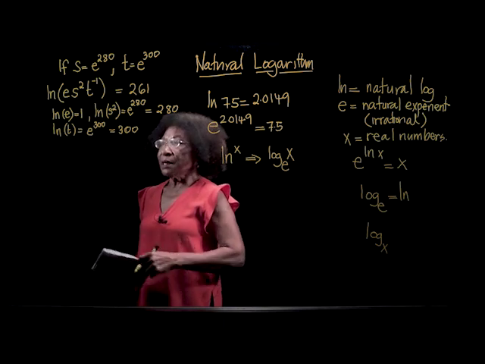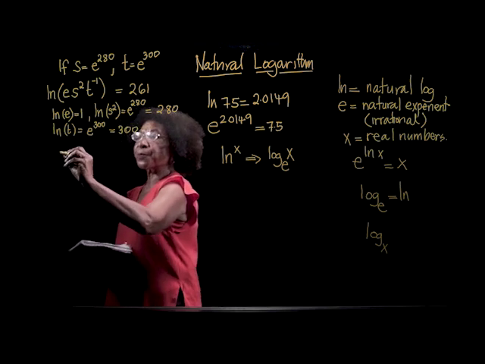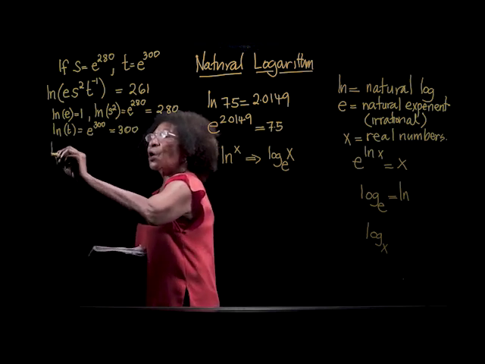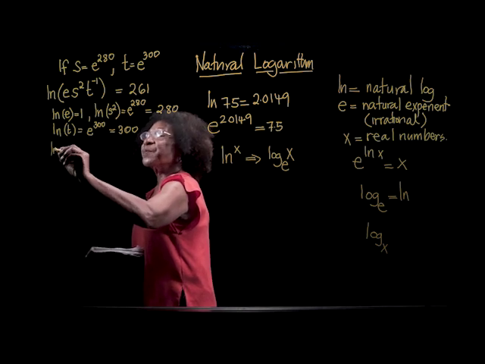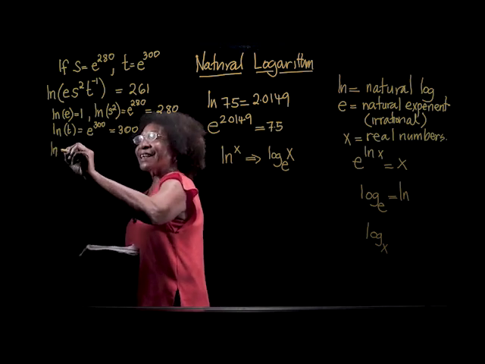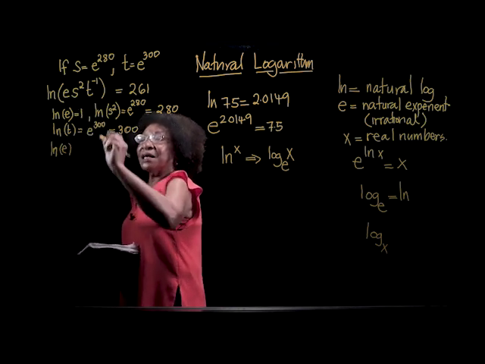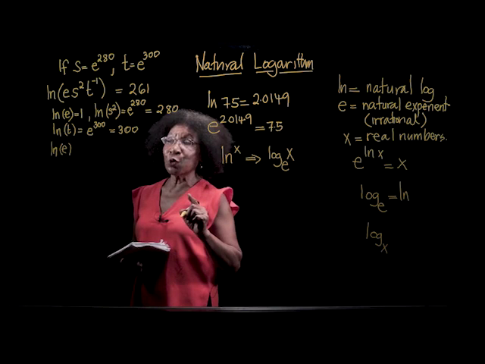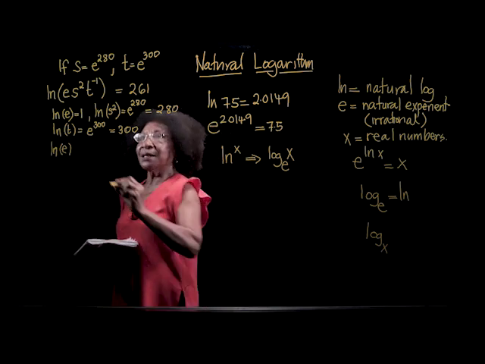If that is correct, then let me substitute. That would give me ln e. It's a multiplication properties rule. When you're multiplying, what do you do? You add.